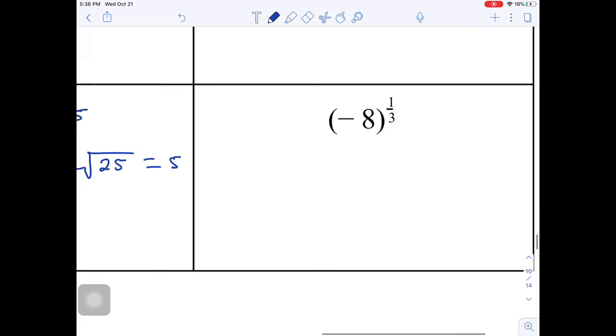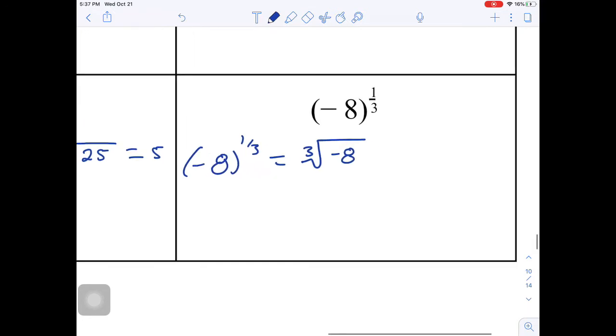And now we are doing -8 to the power of 1 over 3. Remember, my denominator becomes my index. So this will be the cube root of -8. And remember, this is an odd index. So what does that mean? That means what's inside here can be a negative number.